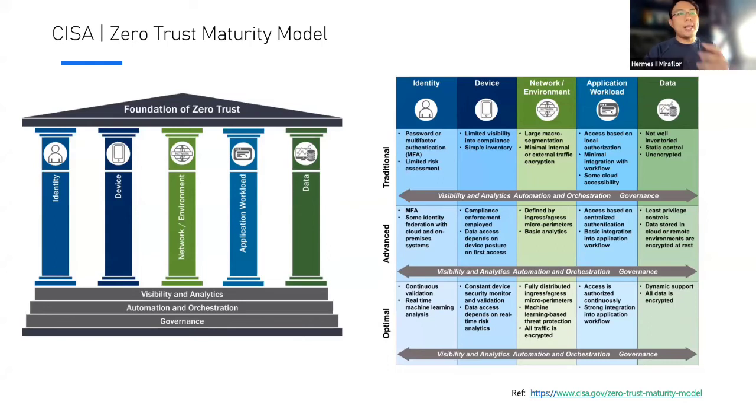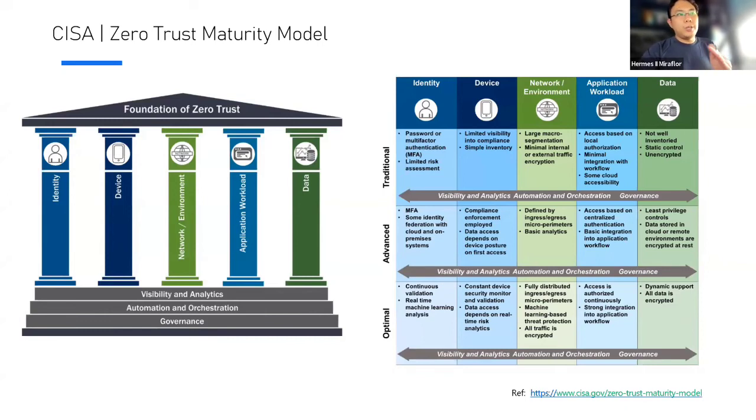So for example, for identity, let's say you're an organization who are still using passwords, and you're relying on MFA to provide a secondary layer of authentication, pero wala kang way to automate the computation of risks, then you might still be considered inside the traditional level of implementing zero trust identity.